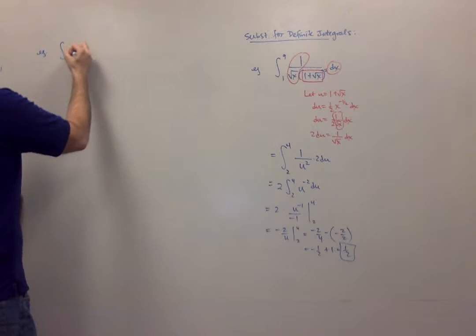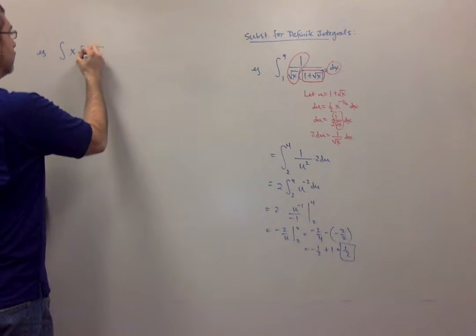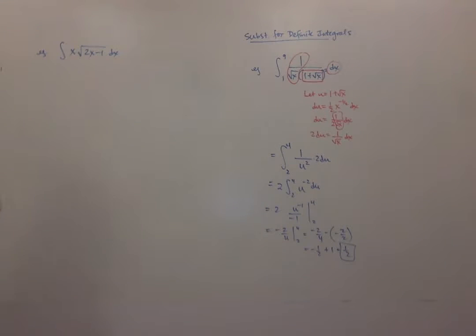Let's do the indefinite integral of x root 2x minus 1 dx. Now, there should be a clue here that I want to do substitution.